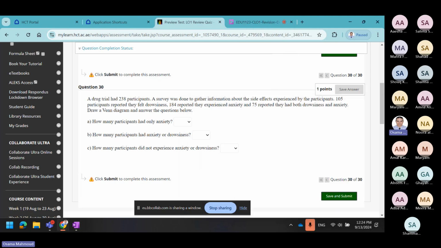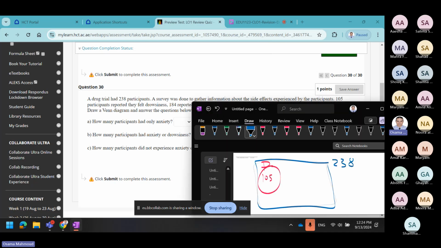And the other group reported experiencing anxiety. Anxiety, let's call it A, just to make it easy. How many in A? 184. Let's make this one outside.